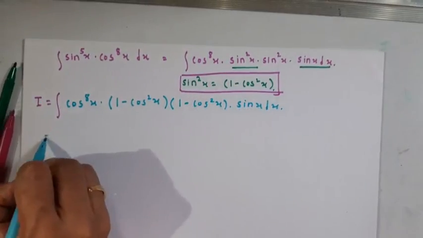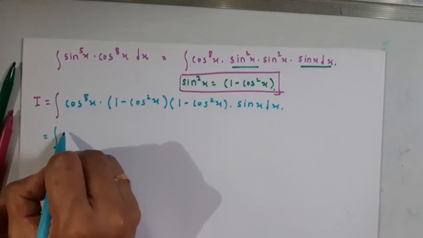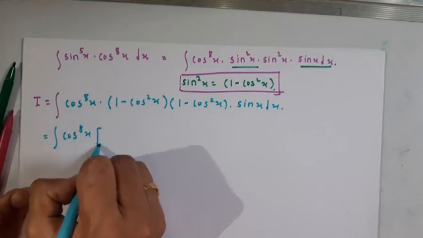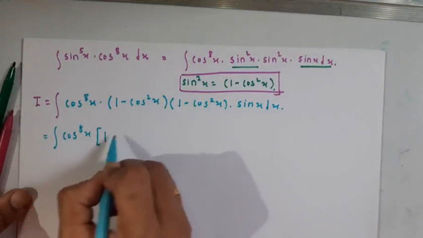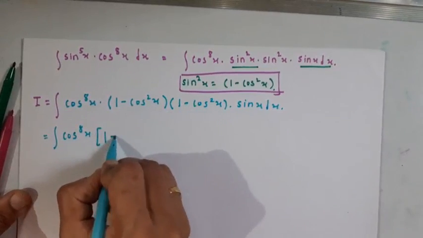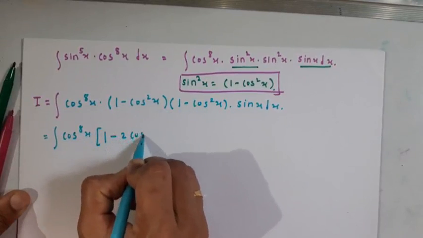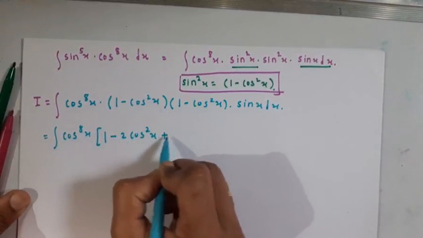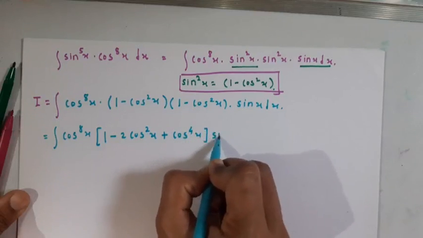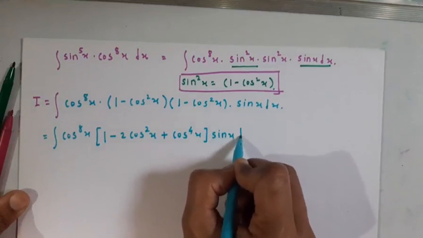Now simplify the bracket. We will get cos raised to 8x as it is, and now this is 1 into 1 is 1, minus cos square x is minus 2 cos square x, and plus cos raised to 4x. Okay students, in this way we have simplified the bracket.